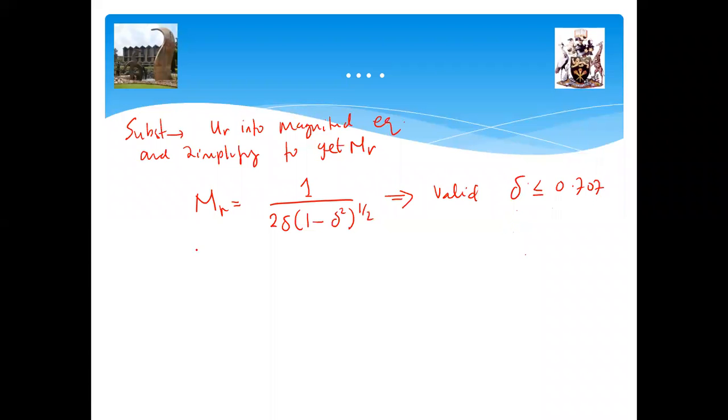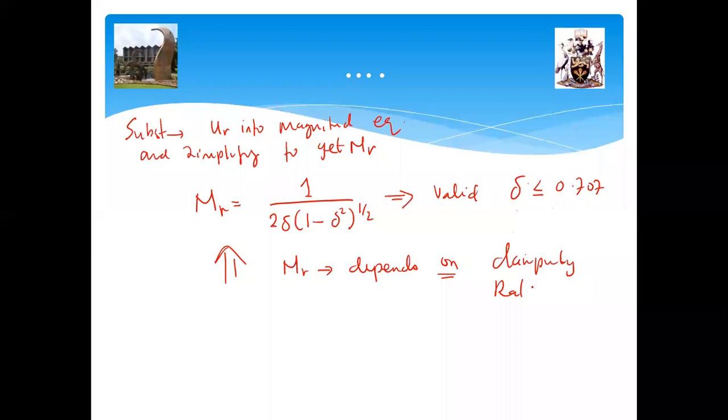So what we can see from this is that MR depends on what? Damping ratio only.